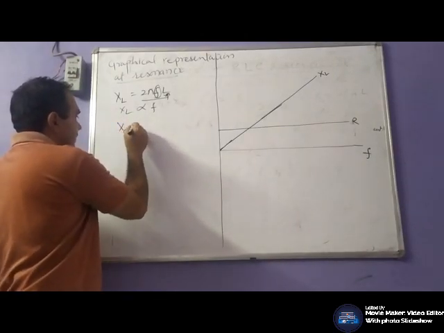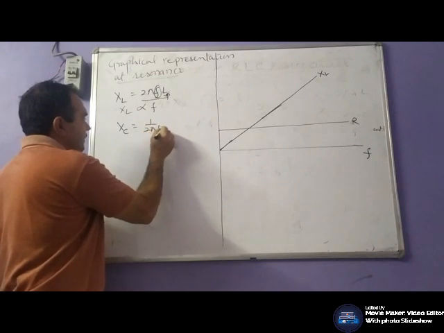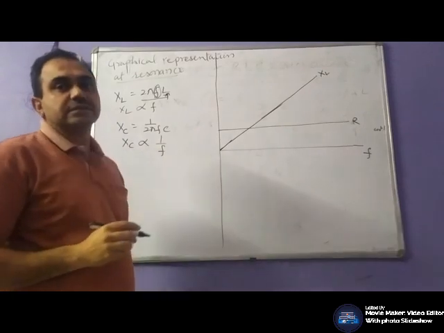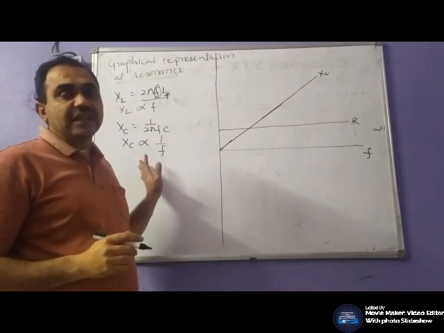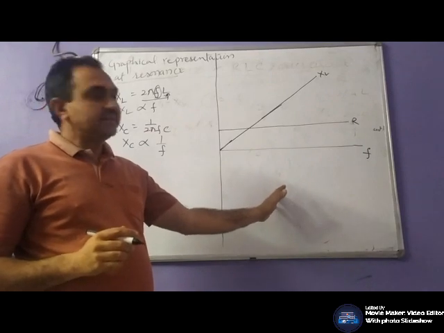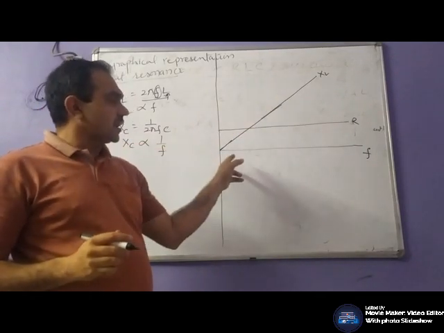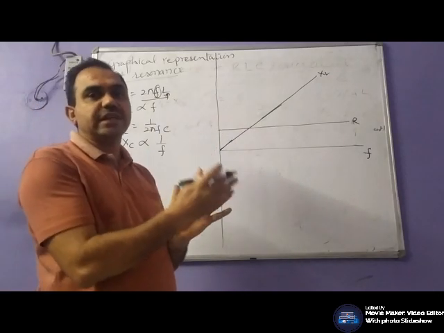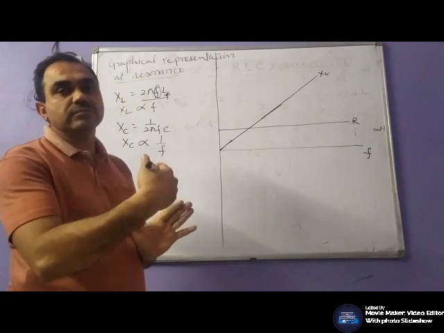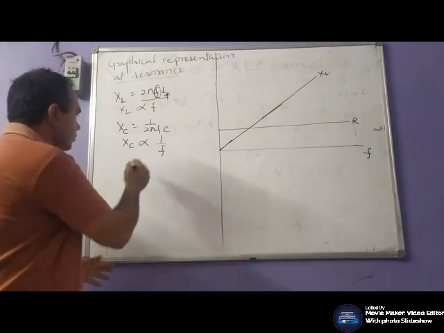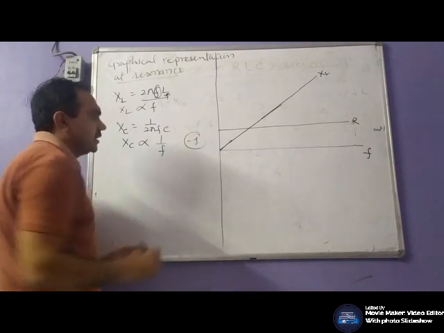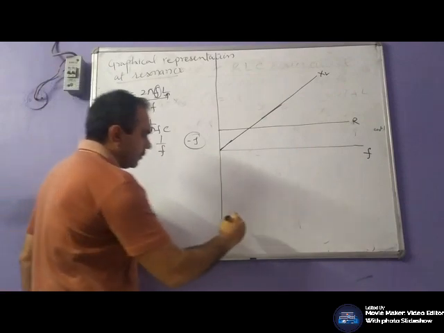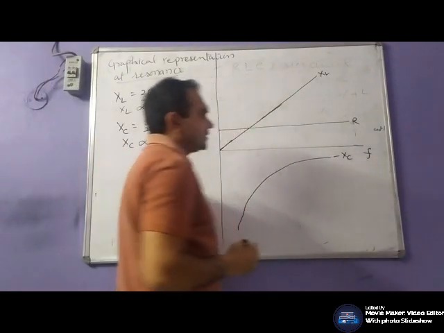XC is 1 by 2 pi f C, or XC is inversely proportional to the frequency. XC lies in the fourth quadrant, meaning it occurs after a rotation of 270 degrees, where the operator is multiplied by j cube, which equals minus j, that is your OY dash axis, and it is inversely proportional, so represent it with minus x.